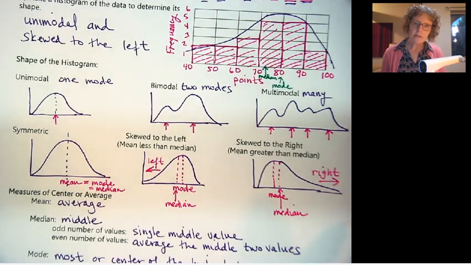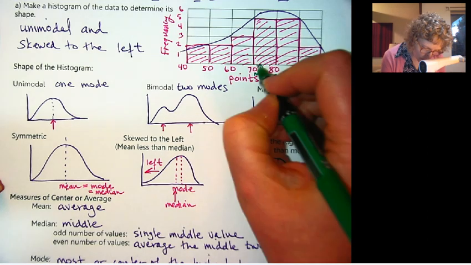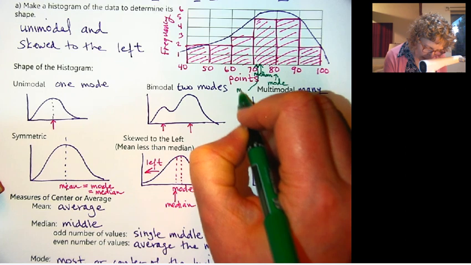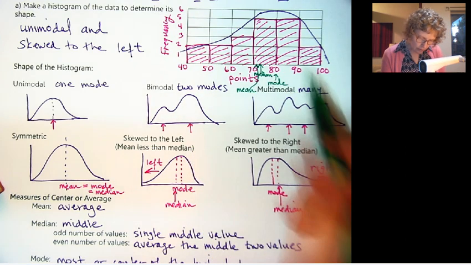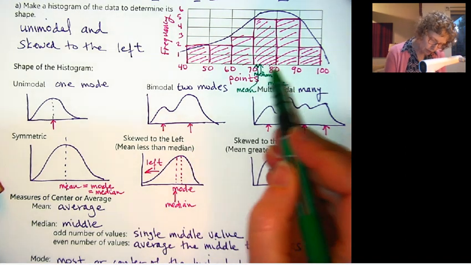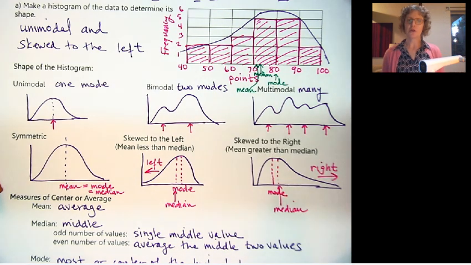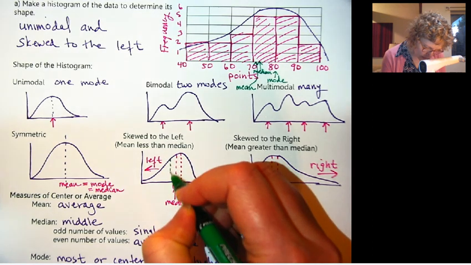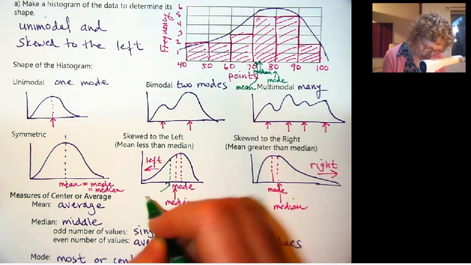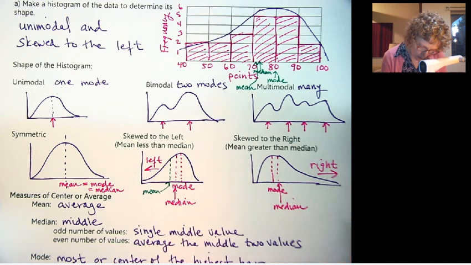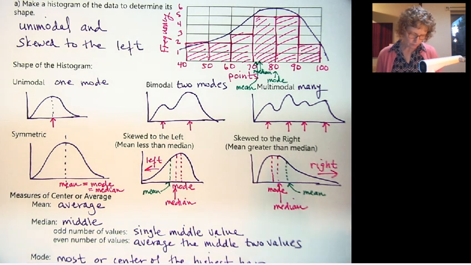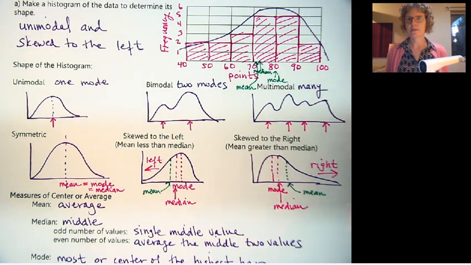So 72.6, I'm going to draw an arrow right in there, that's our mean. So the mode and then the median is further towards the tail, and then the mean is even further towards the tail. So let's draw that. They always go in this order, because it's how the data is distributed.